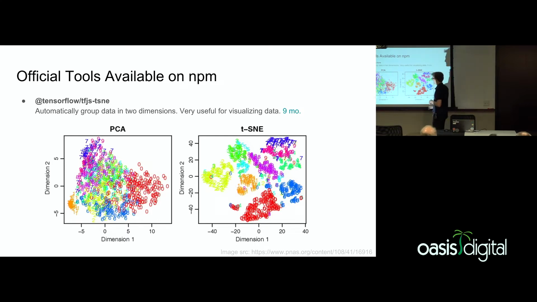So in this example, on the left is PCA. Now this is a more traditional algorithm that essentially comes from first principles of linear algebra. It's how everybody used to do this kind of grouping of high dimensional data and reducing it to 2 dimensions.